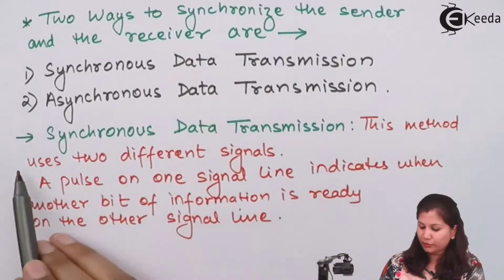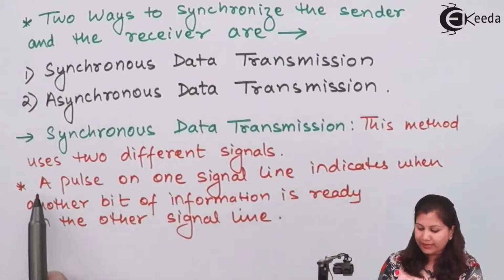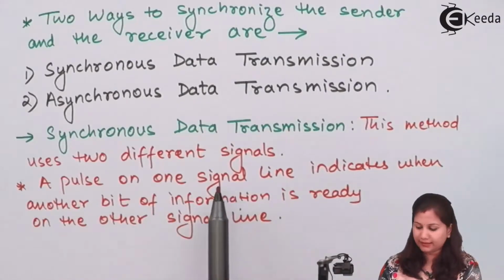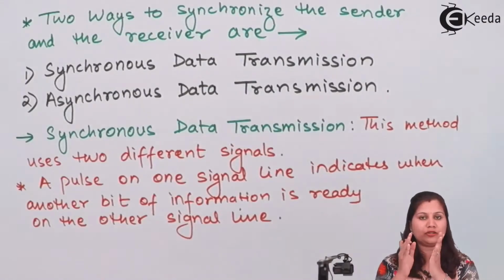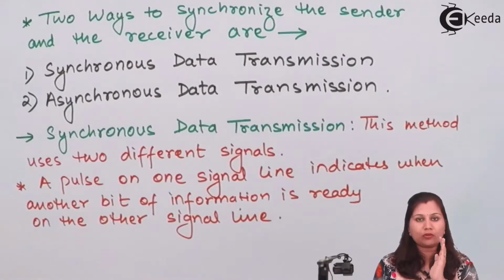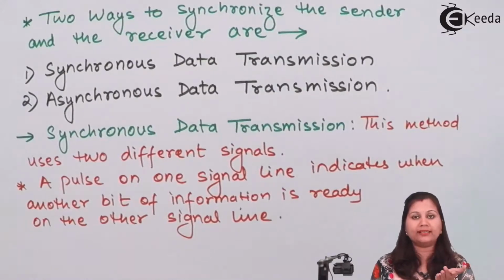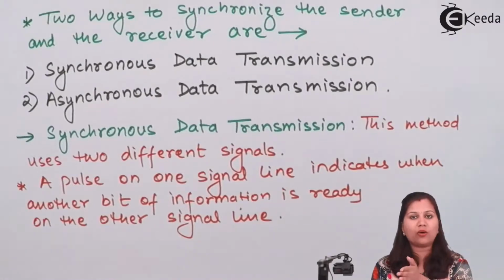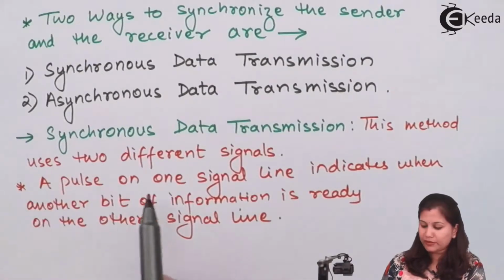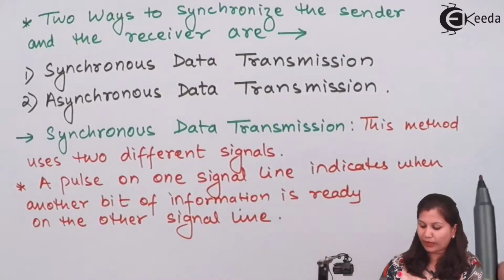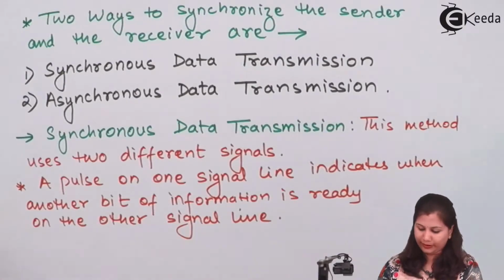So this method uses two different signals. A pulse on one signal line indicates when another bit of information is ready on the other signal line. So there will be two signal lines, and a pulse on one signal line, the clock signal, is going to define when the data is available on the other line. Here I have written: a pulse on one signal line indicates when another bit of information is ready on the other signal line.